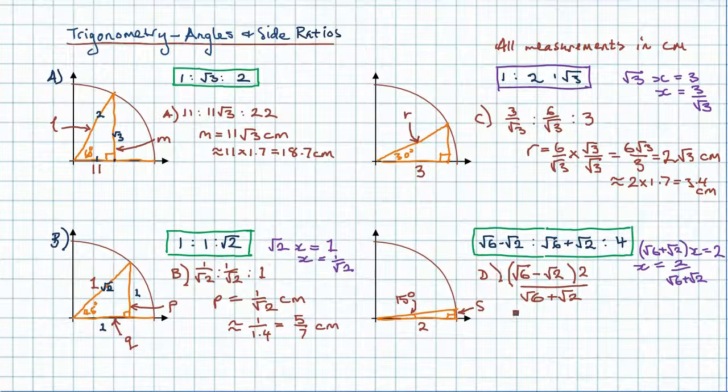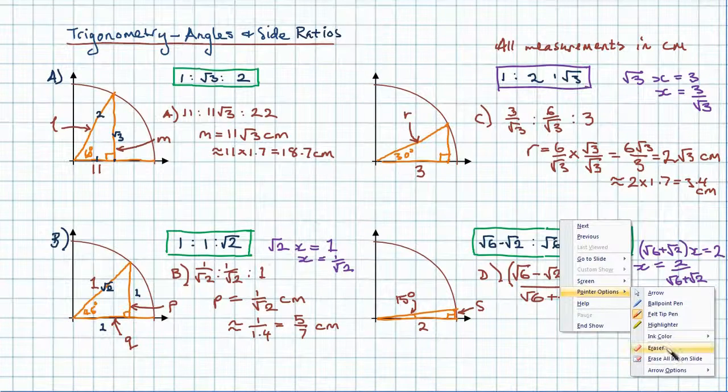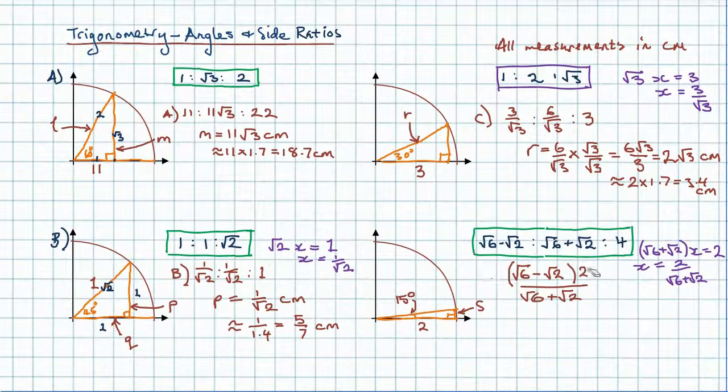So I probably should put my 2 up front here, just to make things a bit clearer. Okay, so we've got 2 times root 6 minus root 2 divided by root 6 plus root 2. Okay, now this is what S equals. Let's put our D here. This is what S equals.